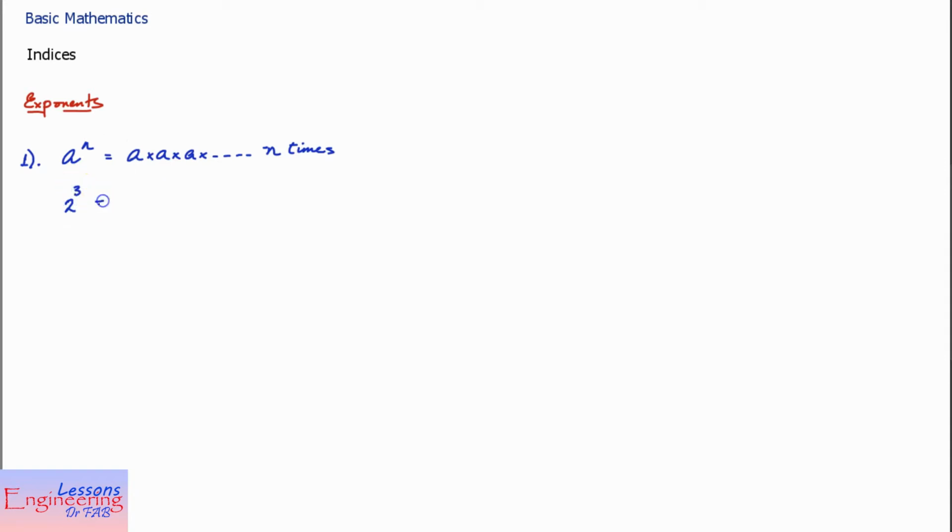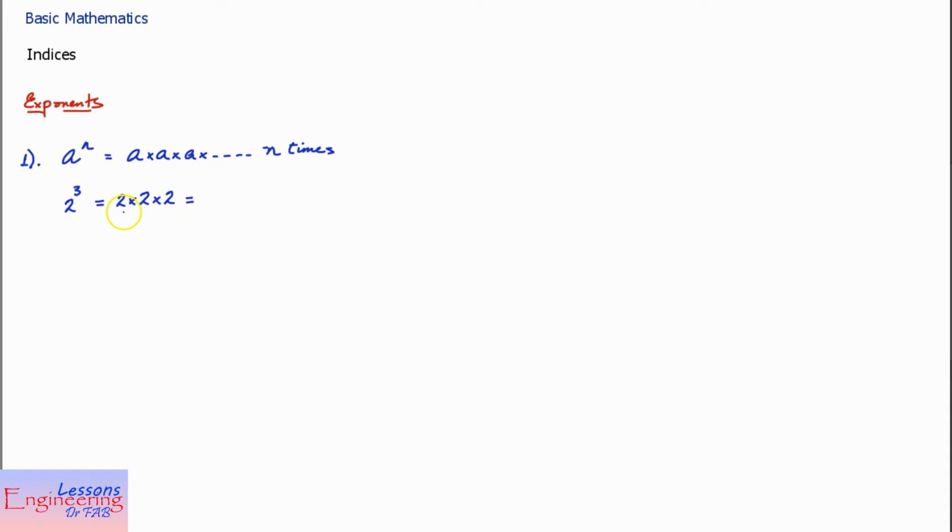In this case, 2 is called the base and 3 is called the exponent. We write the base a, which here is 2, n times, where n is 3, so we multiply 2 three times.